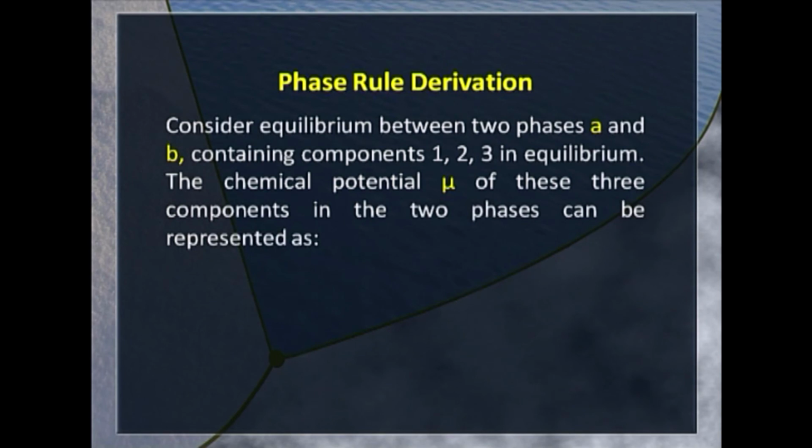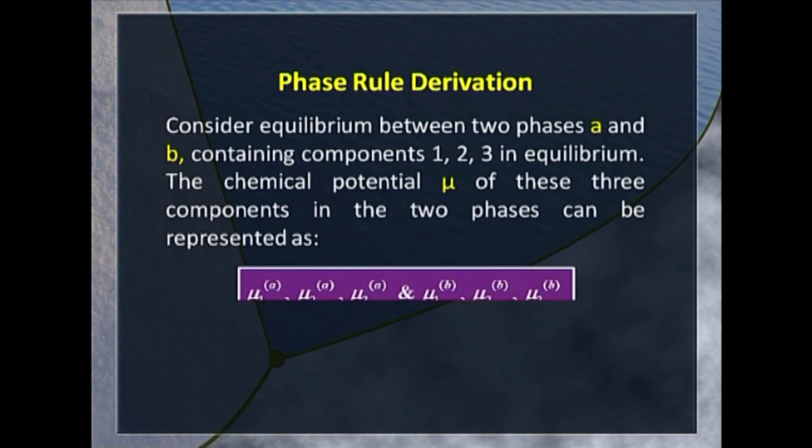Let us see, for that, an equilibrium between two phases A and B containing components 1, 2 and 3, and the chemical potential mu of these three components in the two phases can be represented as mu 1A, mu 2A, mu 3A, and in phase B mu 1B, mu 2B and mu 3B.